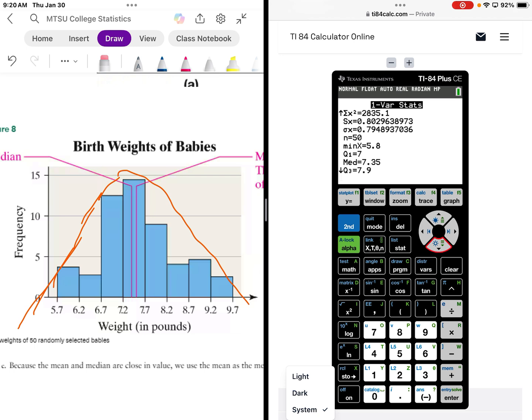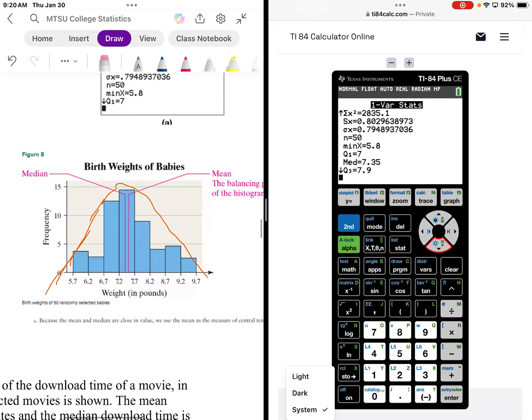There's a process called the 1.5 IQR rule, so we'll actually have to do that calculation. So to me, it makes sense that the mean and median are close together. And if I was asked to describe the center, I would use the mean, since this is approximately symmetrical.